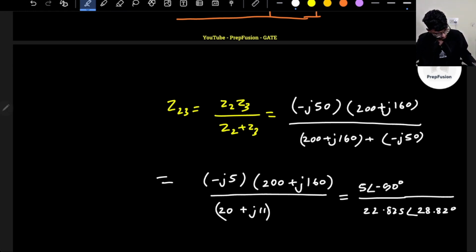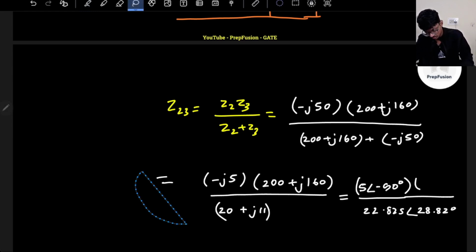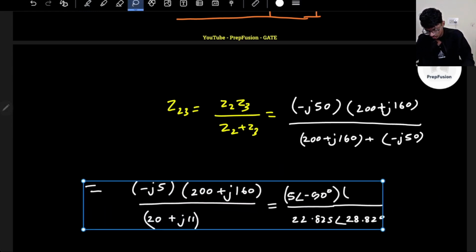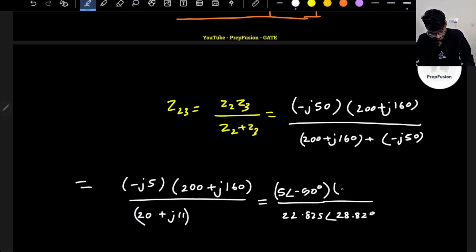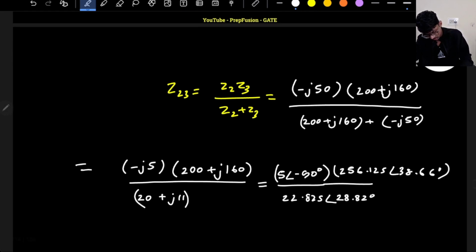And this will be the square root of 200 squared plus 160 squared, 256.125, and the angle will be tan inverse of 160 divided by 200, 38.66 degrees.